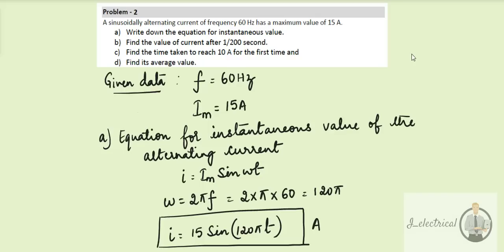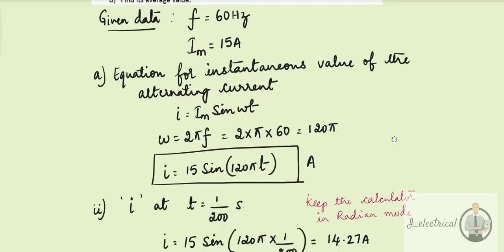Let me summarize it. In the problem they have mentioned the frequency and the maximum value, and they have asked you to write down the equation for instantaneous value, find the value of current after 1 by 200 second, find the time taken for the current to reach 10 amperes, and finally find the average value. So you'll write the given data first, and then start with writing the equation for instantaneous value of the alternating current.